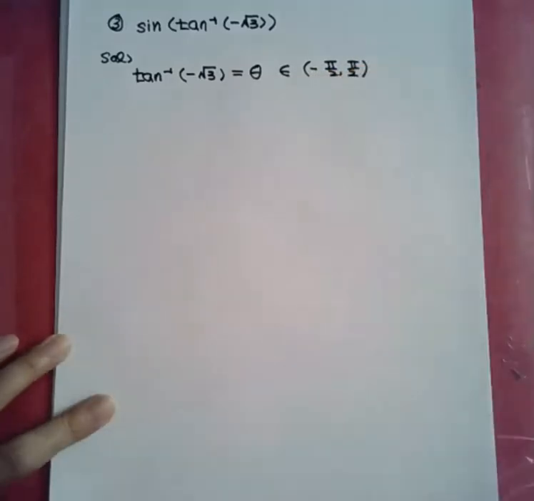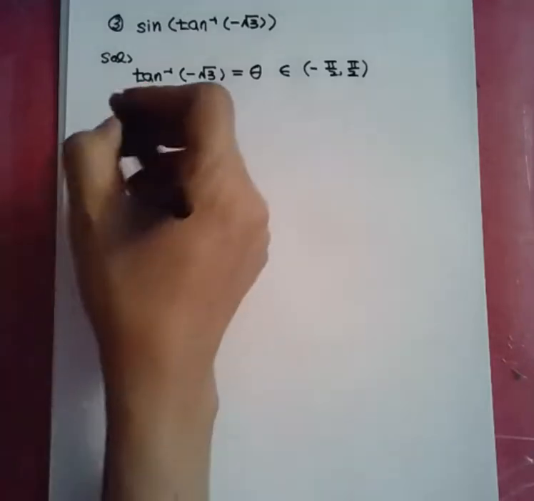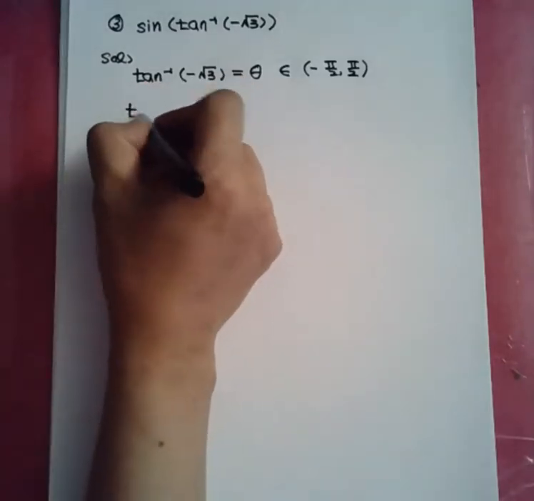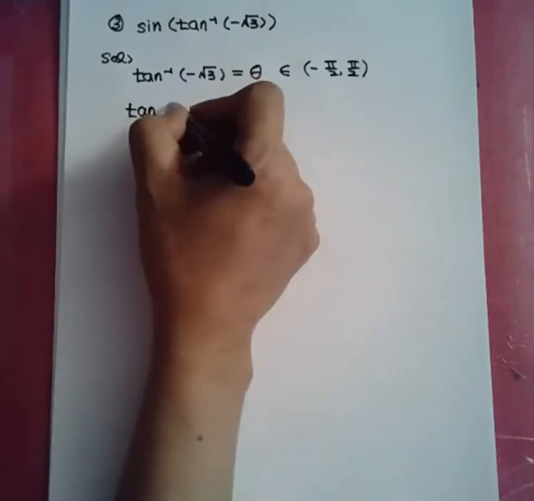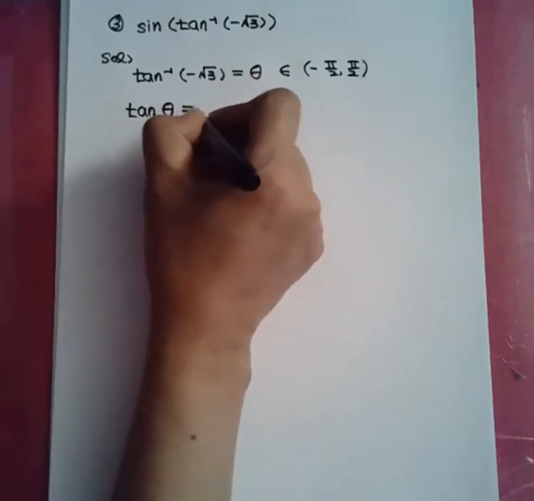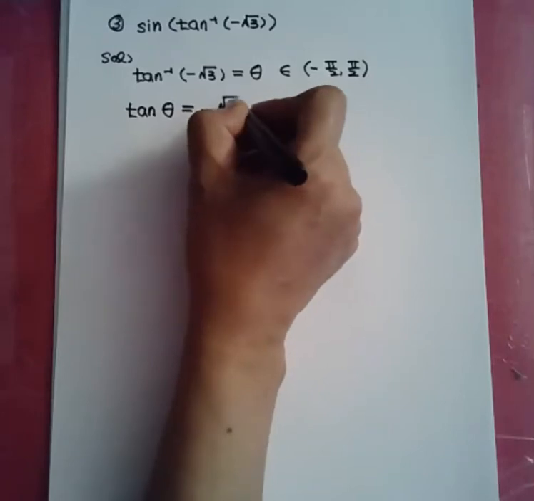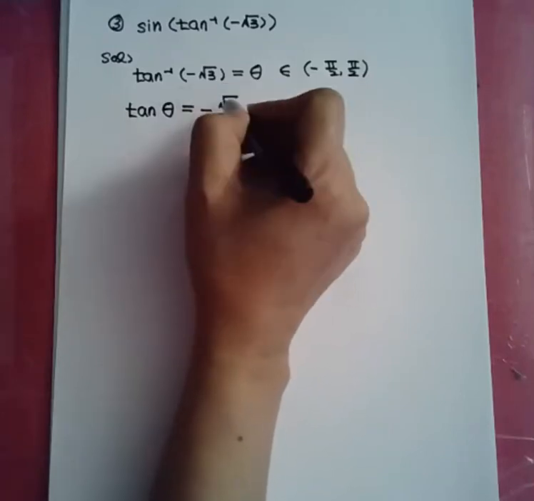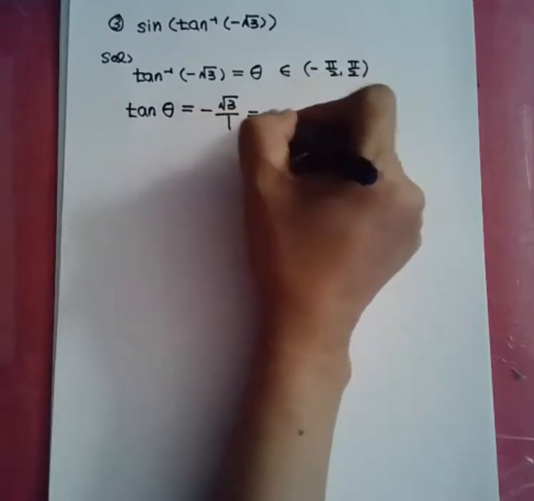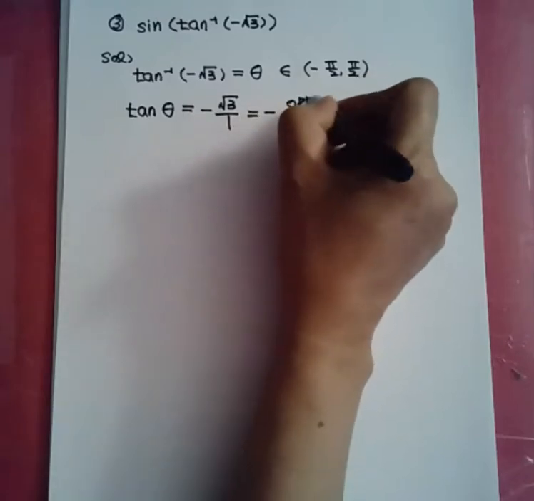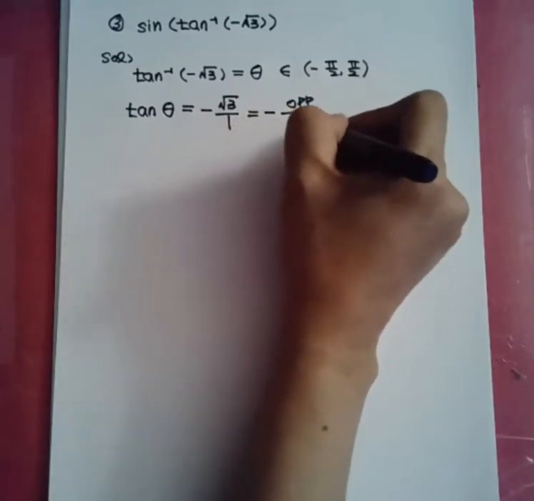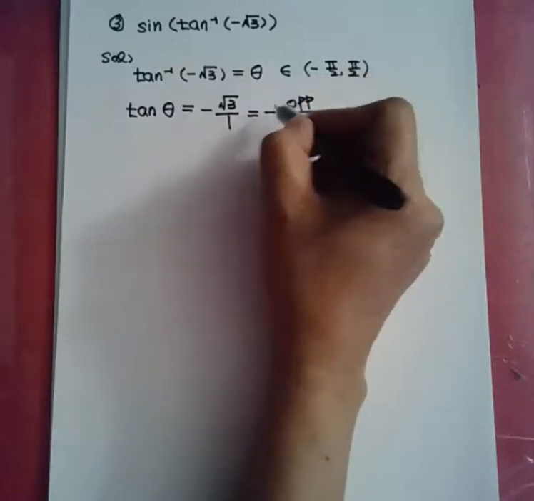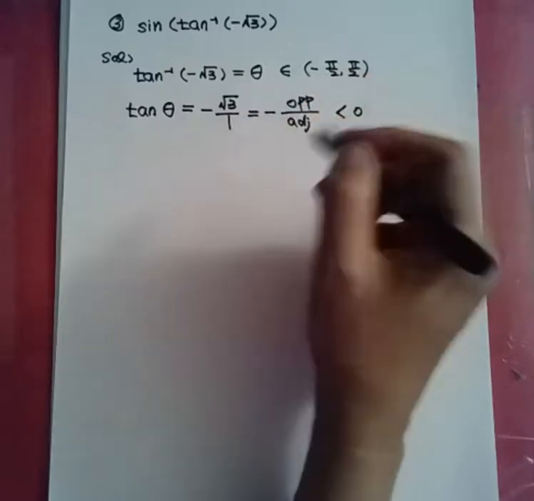Minus pi over 2 and pi over 2 are not included in the interval because those are vertical asymptotes. From there, we can say that tangent of theta is minus square root of 3 over 1, that is minus opposite over adjacent. And that has a minus, so that is negative.